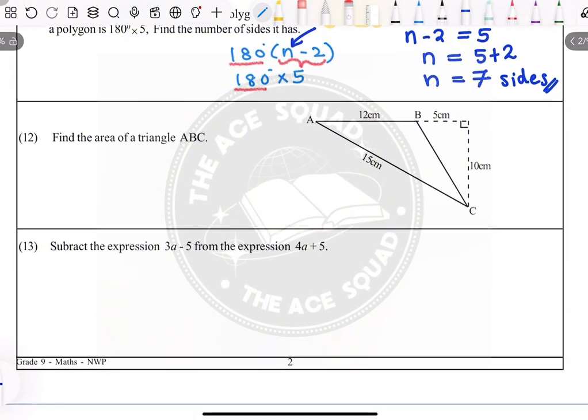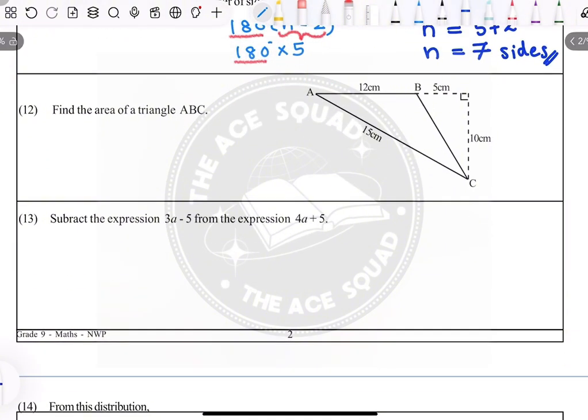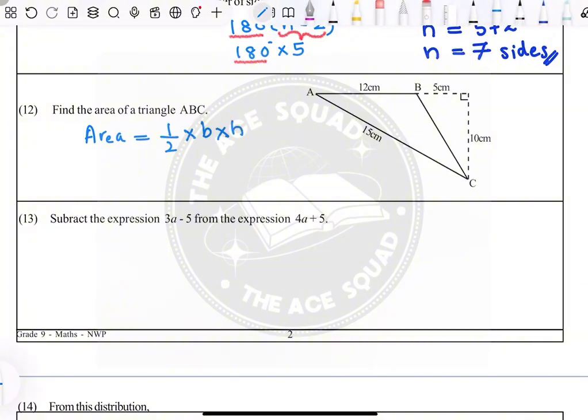Moving on. Find the area of a triangle ABC. So basically, you know the formula to find the area of a triangle is half into base into height. So as per our triangle, the base is this 12 centimeter. Why? Because the perpendicular 90 degree is made with this side of the triangle.